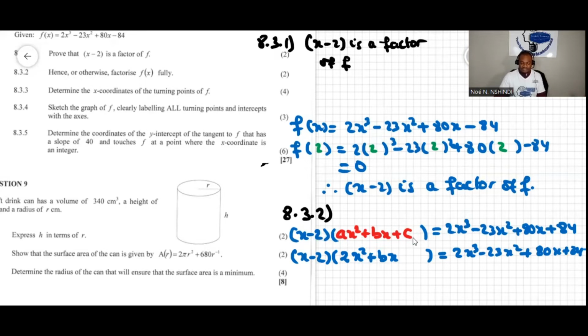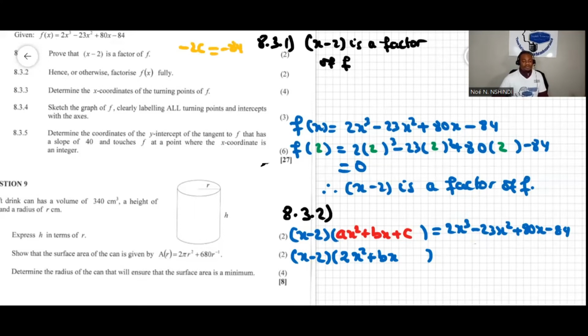So minus 2 times c must be equal to minus 84.